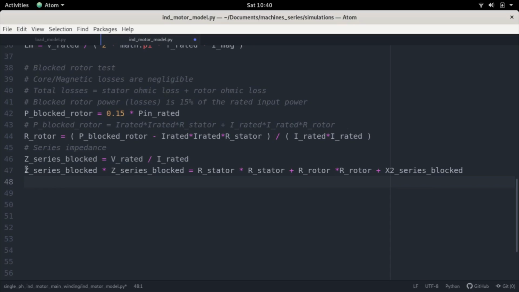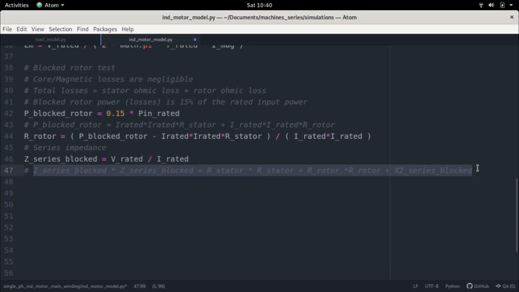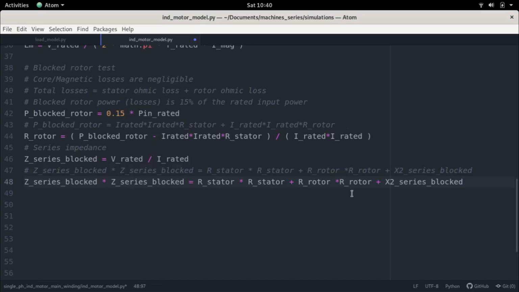So all I have to do, let me do a little comment here, copy this, and bring this here. Can't seem to grab this. Right? So this is my equation.